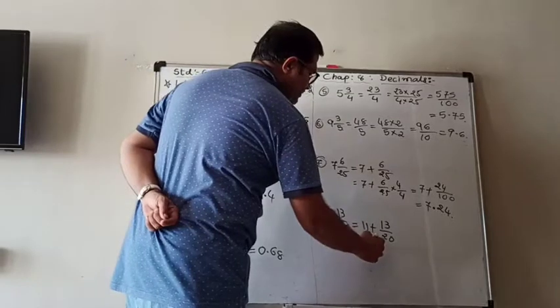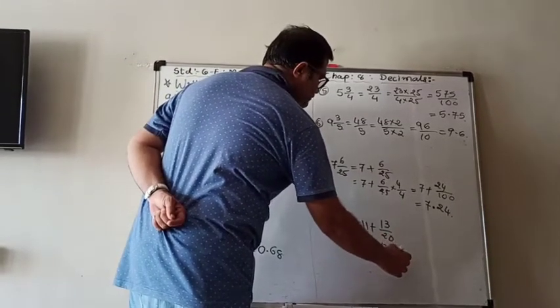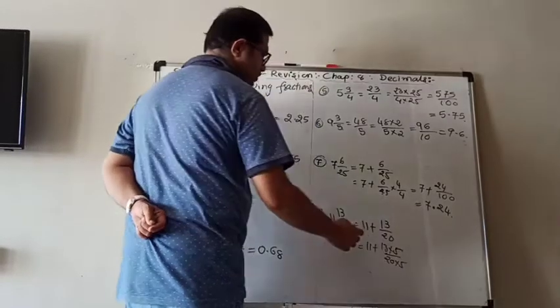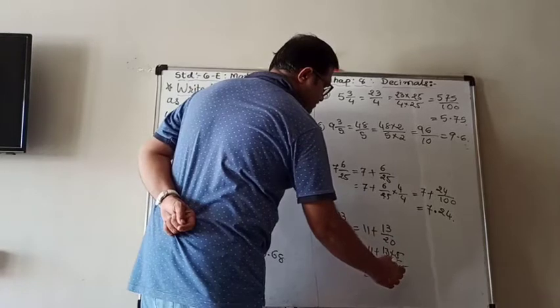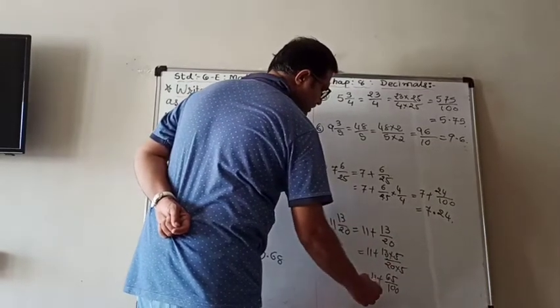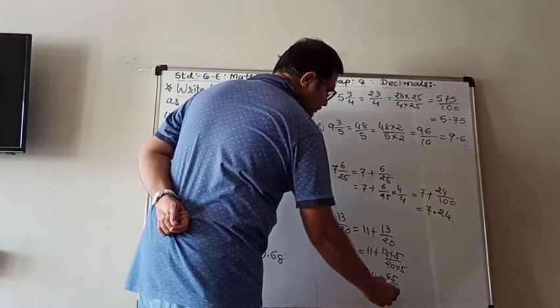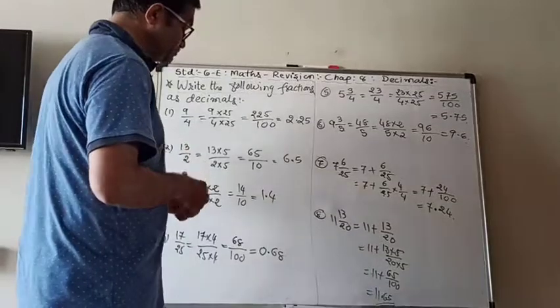So we will multiply 13 and 20 both by 5. So 11 plus 13 5s are 65 upon 100. 2 decimal places are needed. So 11.65. That is the answer.